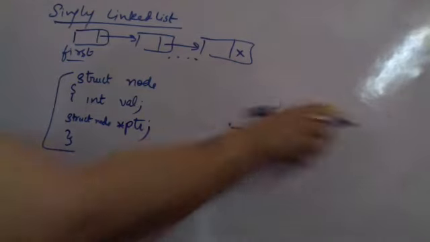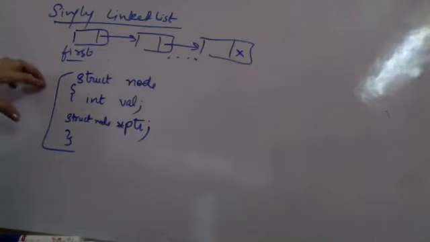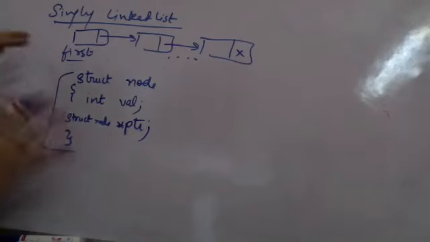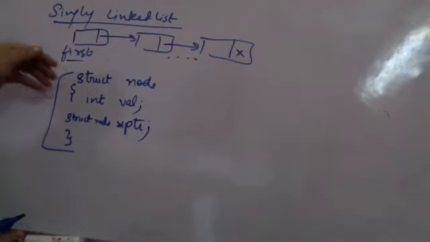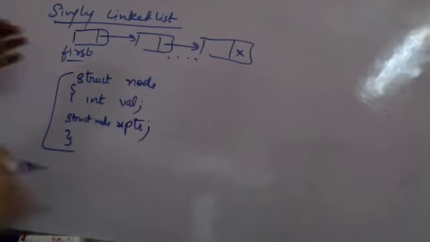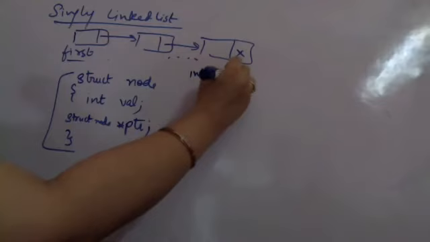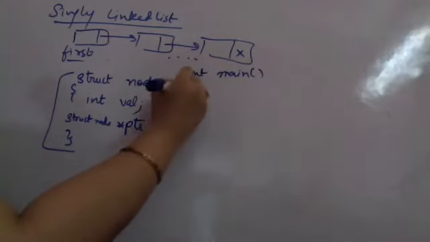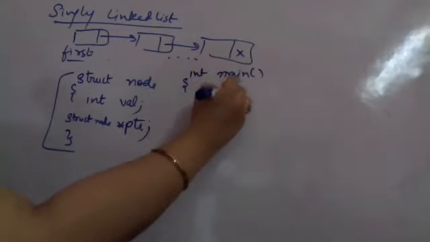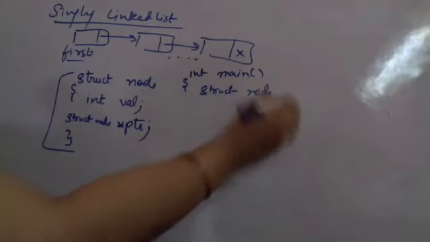This is only the factory. अभी कुछ create नहीं हुआ है. This is only the structure, only the data type that you have created. This is a user-defined data type. अभी इसके type के variables we will be creating. So I'm having an integer main, and I'm creating struct node.